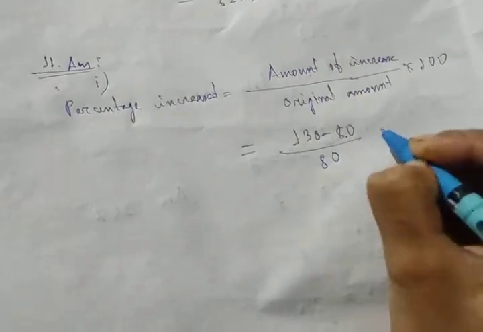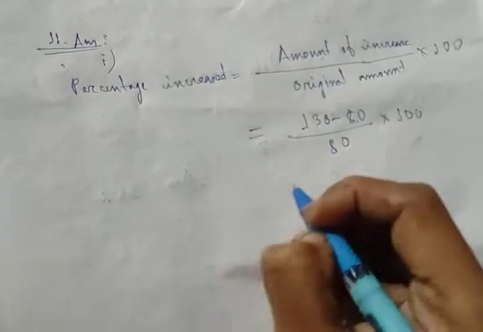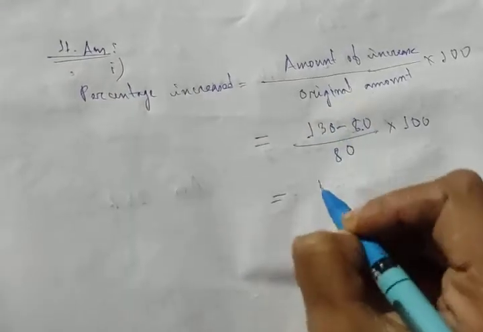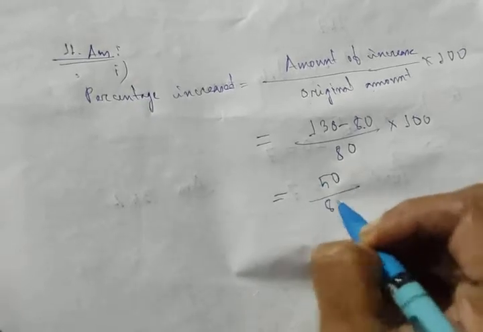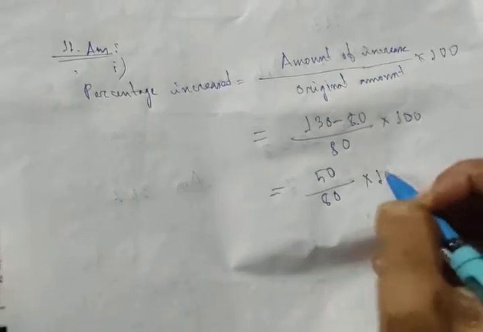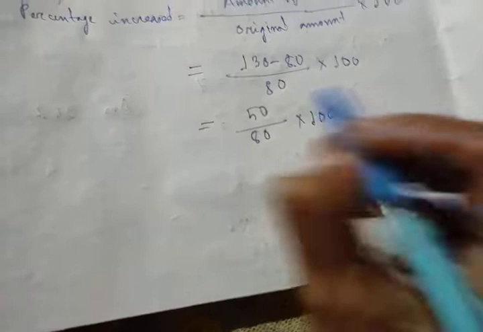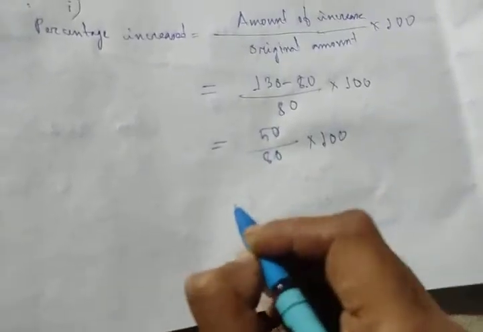80 into 100. So 130 minus 80, 50 by 80 into 100. Is it clear? So you can simply cut 0.